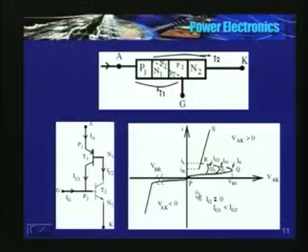But then to turn the device off, current through the device should fall to a value which is less than the holding current. Okay, somewhere here, see here. IH is the holding current.